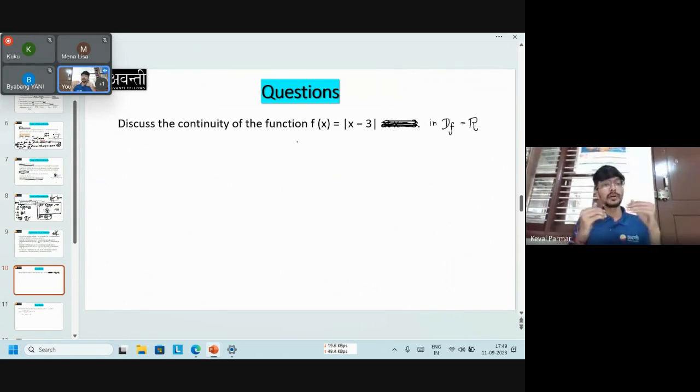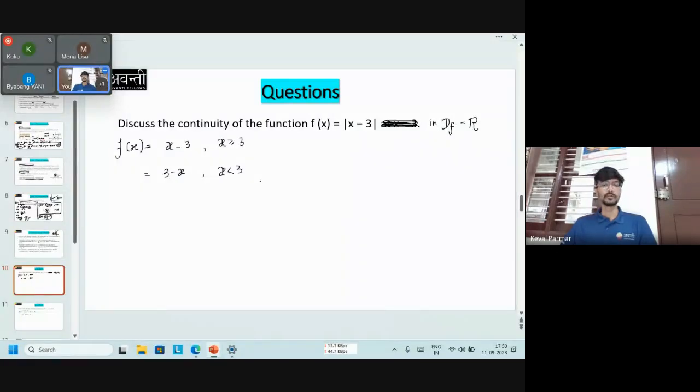Obviously it is not possible to check continuity at all real numbers, so I will check where the functional definition of this modulus function changes. I can write the function as f of x equal to x minus 3 if x is greater than or equal to 3, and 3 minus x if x is less than 3.